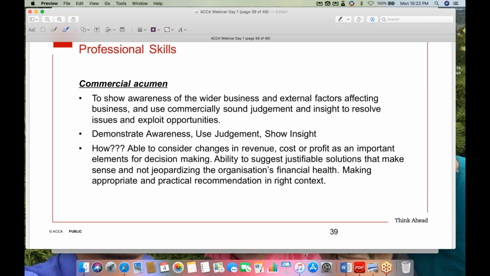Commercial acumen is about how far you are able to know how external factors can affect the business.